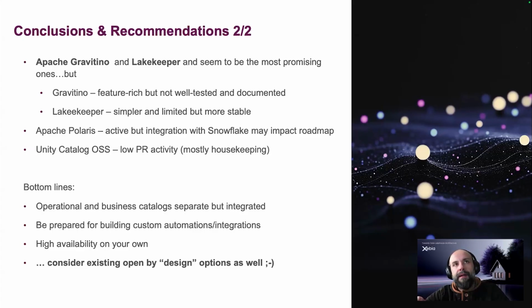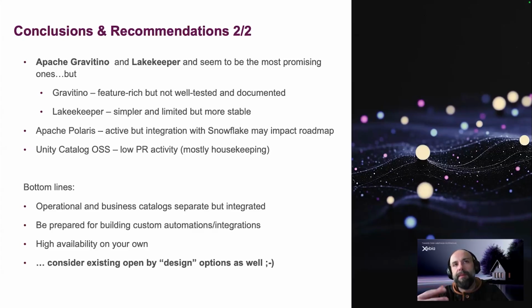And the final word: as we presented here, there are two definitions of openness when it comes to data catalogs. You can also seize the opportunity of using a proprietary one, like Unity Catalog, and try to integrate it with open source query engines, which is becoming slowly but still possible.